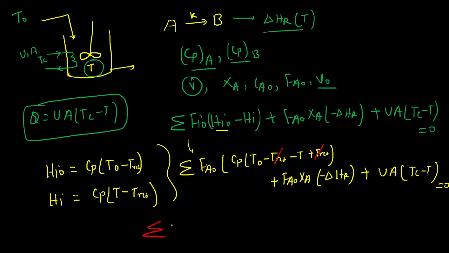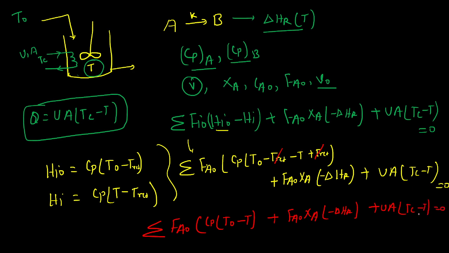So I can directly write Fa naught Cp (T naught minus T) plus Fa naught Xa (minus delta H of R) plus UA (Tc minus T) equal to 0, right? Since only A is entering, we take the summation of only the inlet. Since only one component is there, the summation will not be there.